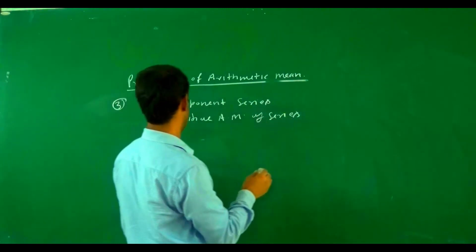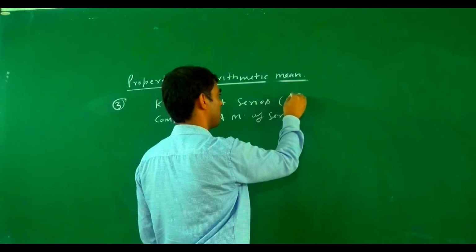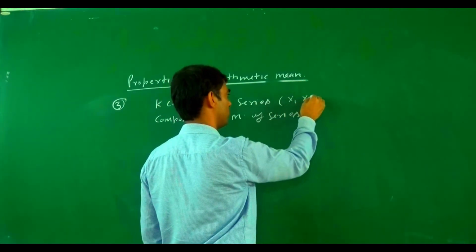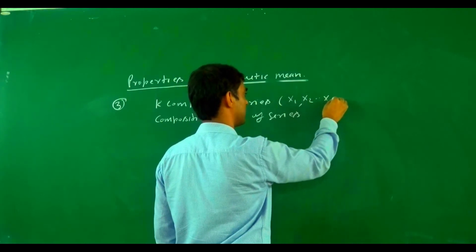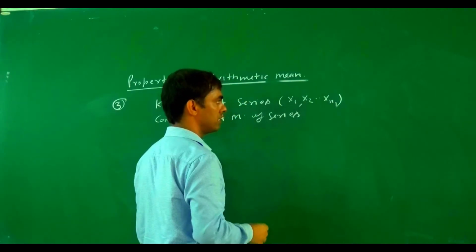A k component series means the first series is x1, x2 up to x_n1.